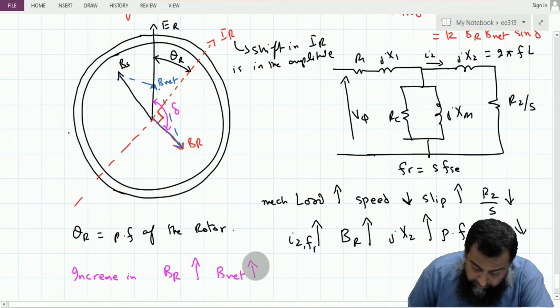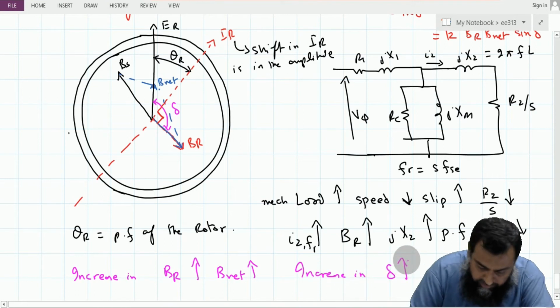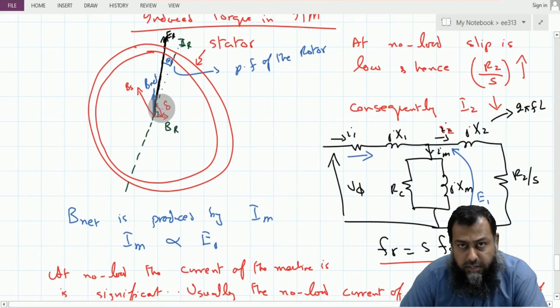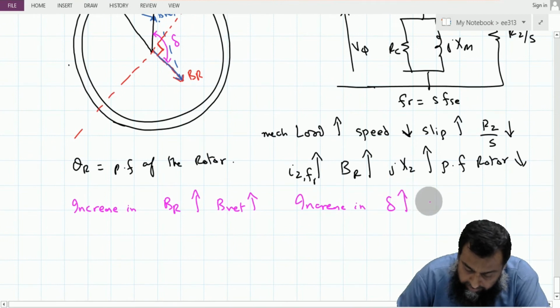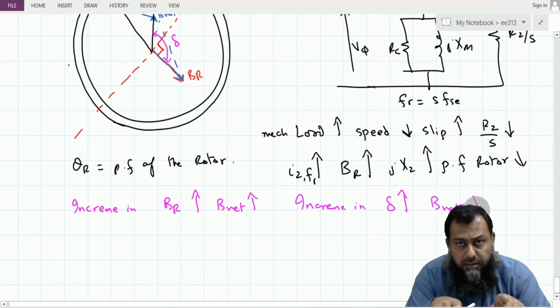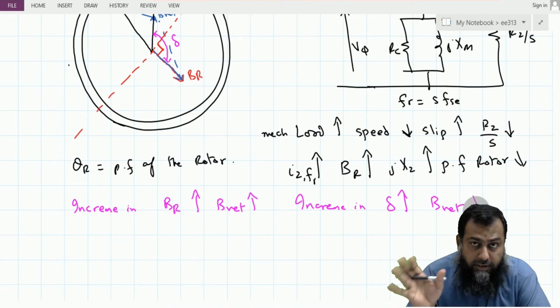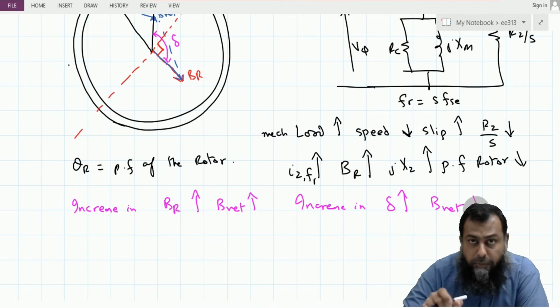However, the increase in delta, which is now increased compared to the earlier circuit where the delta was very low, will decrease the B net, right? So we have two things simultaneously happening inside the magnetic domain of an induction motor. Whether or not this effect is useful for the machine depends entirely on what effect dominates the other effect.